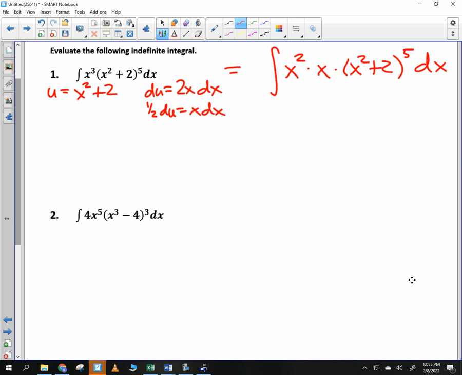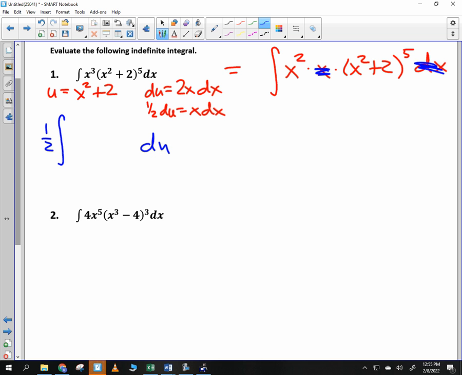Now, for some of you, you're like, you didn't need to write it like that, Mr. Gantz. I already see that. Good for you. Must be great to be so smart. But as I examine this now, I'm very happy because this x dx can be replaced with 1/2 du. So I've got 1/2 and I've got du. And so I'm going to cross off my x and my dx.